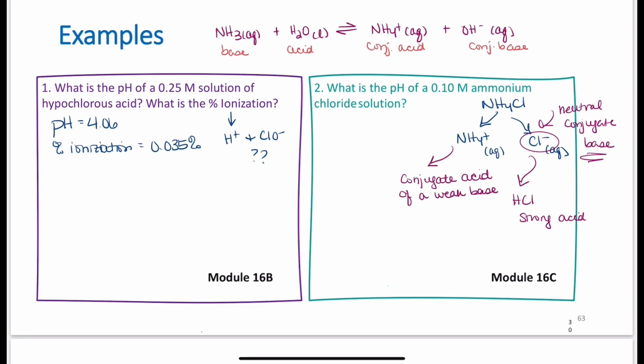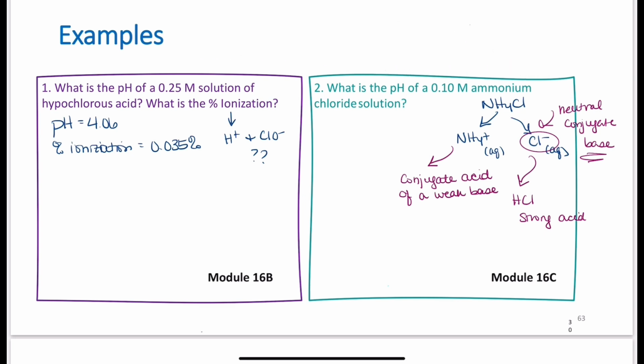So it's going to undergo the following: NH4 plus water forms an equilibrium, forming ammonia. Notice it's aqueous, it's not a gas.